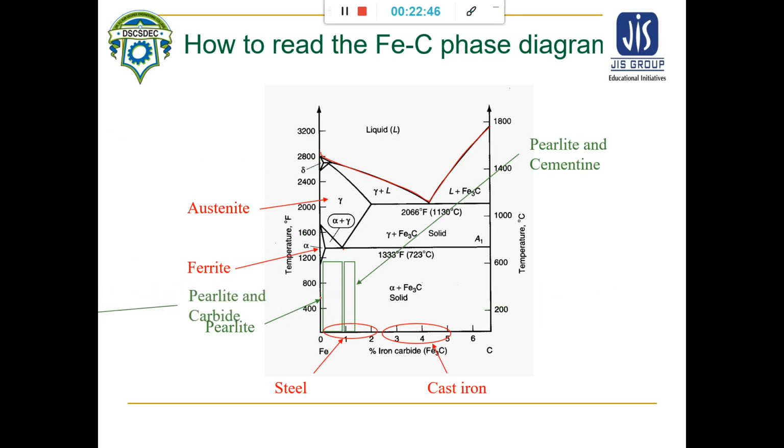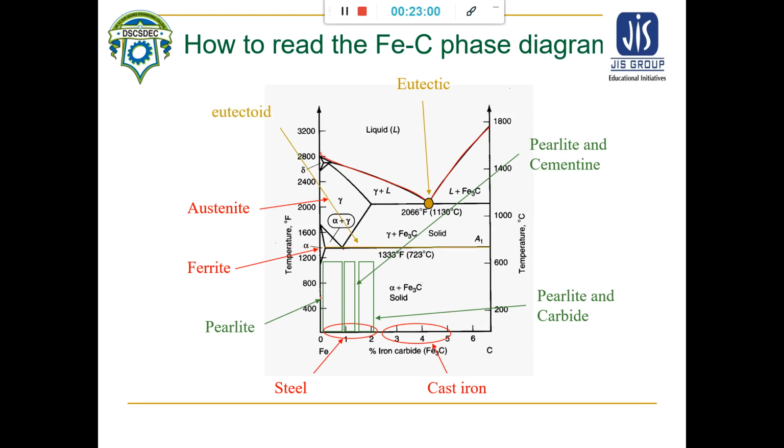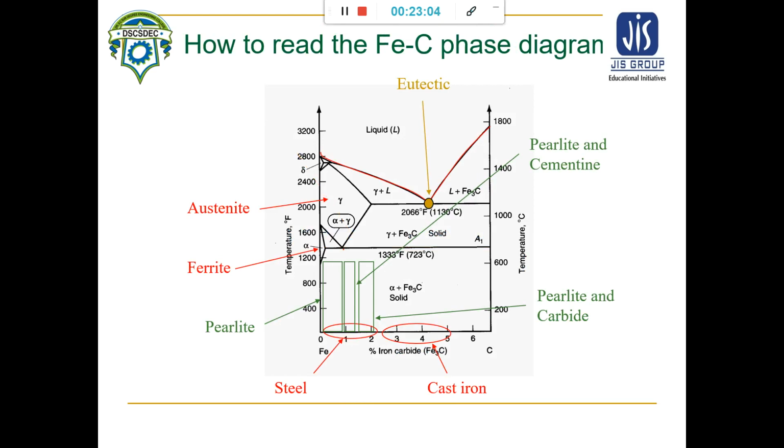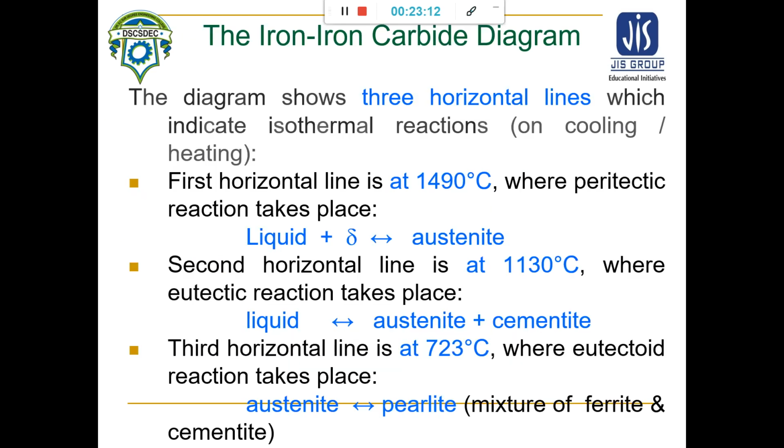And after that, there is pearlite and carbide. So this is the eutectic point. Eutectic point means the lowest melting point alloy, that is the eutectic alloy, and this is the eutectoid line. This line is known as the eutectoid line. So these are the important terms regarding the phase diagram.